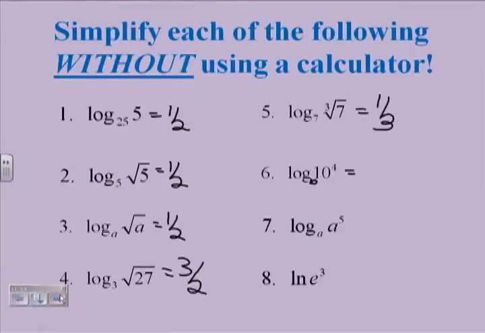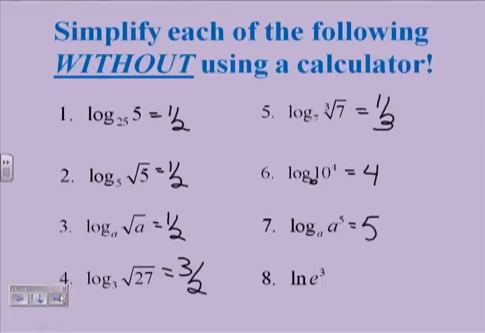Well, you're really staring at it. The answer is 4, because that was the exponent that it was raised to. But sometimes it's just uncomfortable. Same idea, log base a of a to the 5th. To what power do we raise a to get this answer? Well, that exponent is 5.